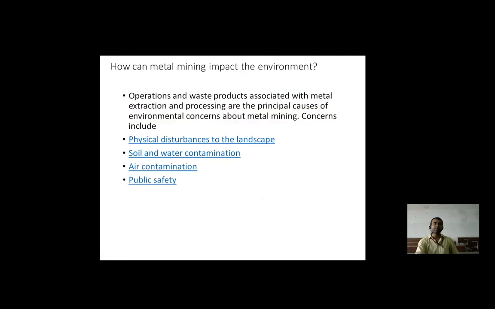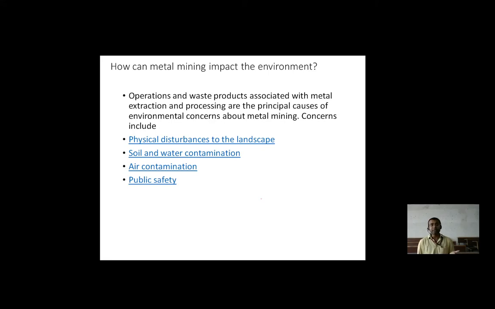So what is happening with the environment? How can metal mining impact the environment? As I talked about earlier, the e-waste, and now we are talking about the impact of mining on the environment. I am telling you these things because, as the future of this Mother Earth and of this engineering, we need to take care of nature also, not only human beings.